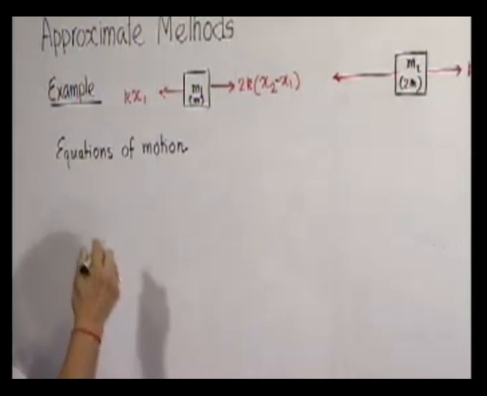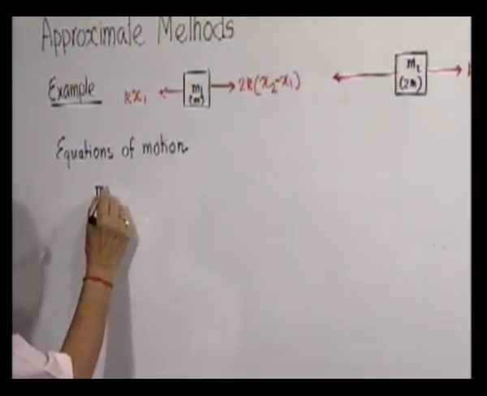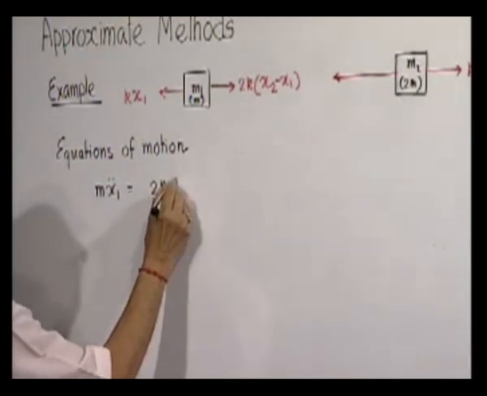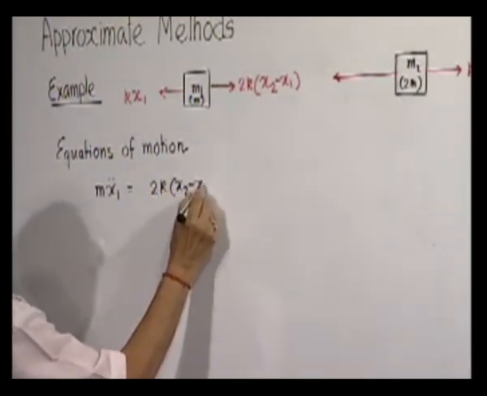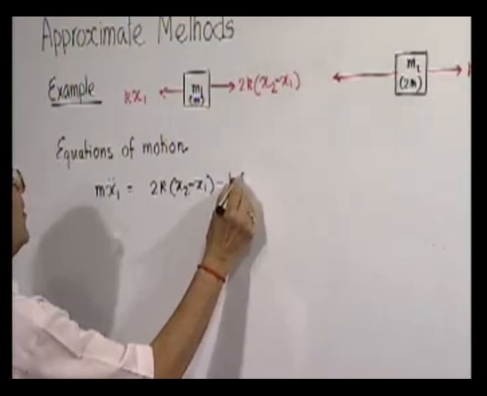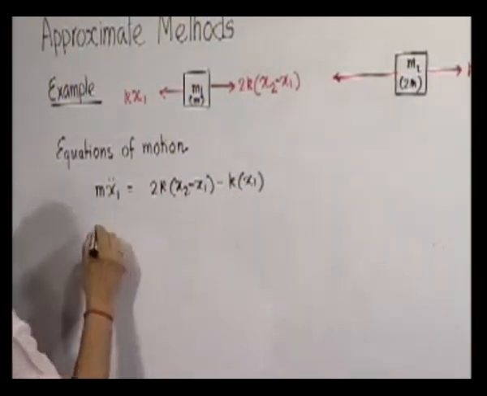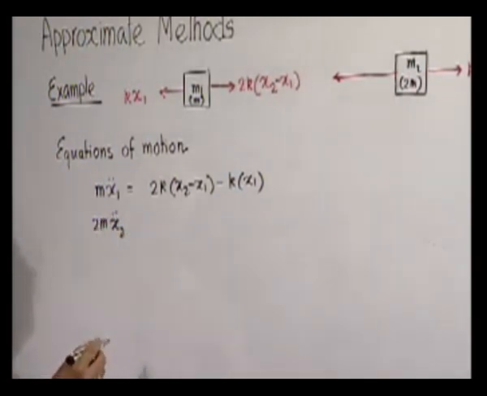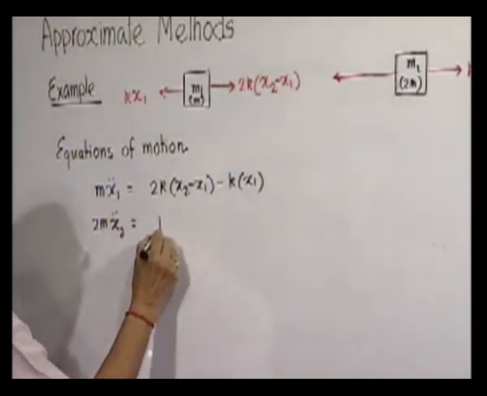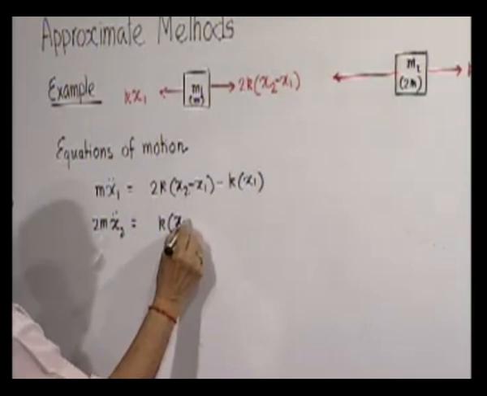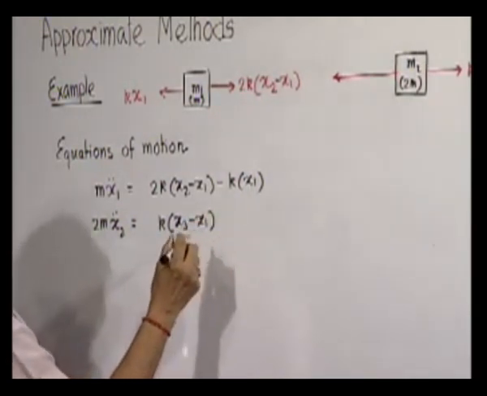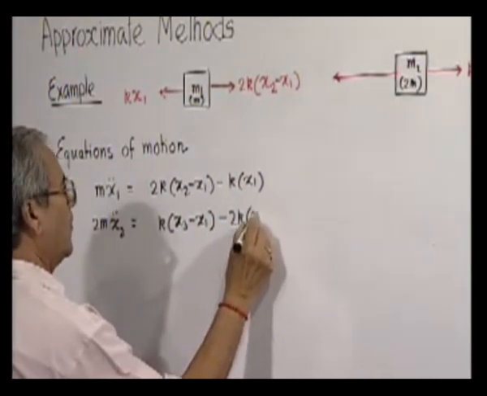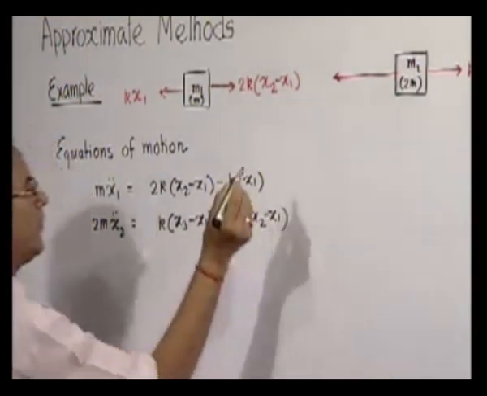This one will be M x1 double dot is equal to, 2M x2 double dot for the second mass, and for the third mass.